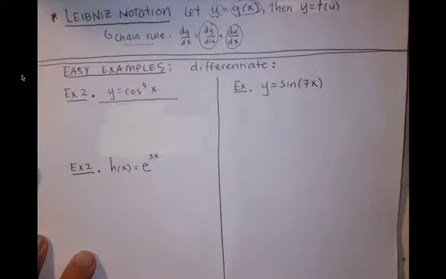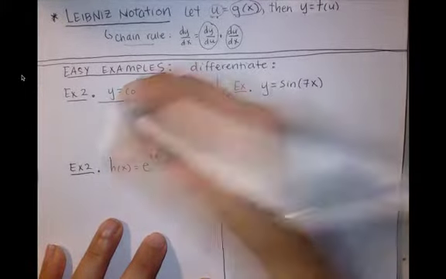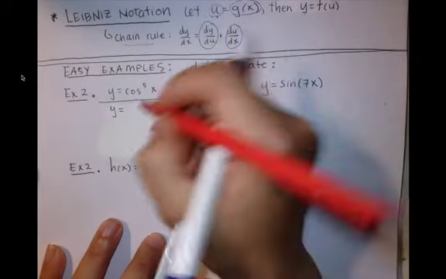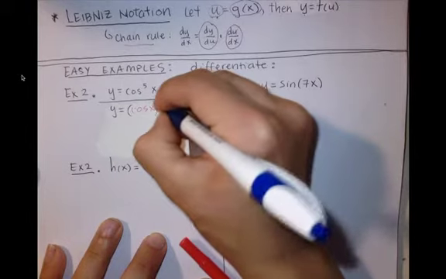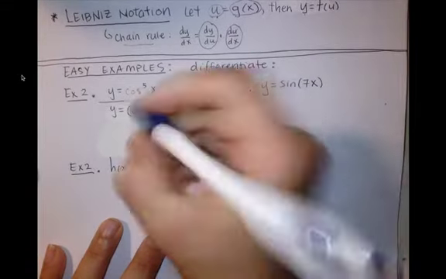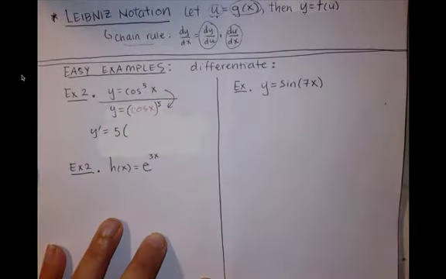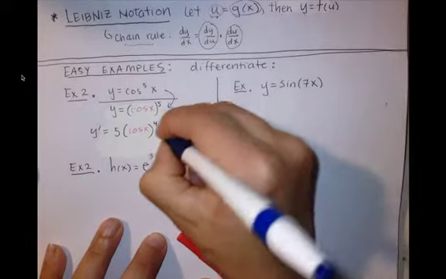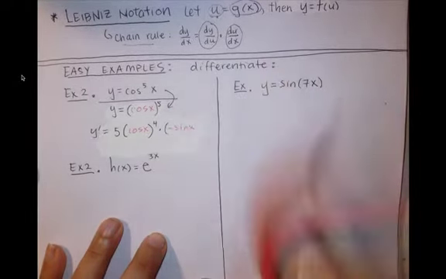Okay, I'm going to start off by doing some easy examples. So here my function is y equals cosine x raised to the 5th power. It's just notation. So according to the chain rule, my derivative is 5 times the derivative of the inside function, which is negative sine x.